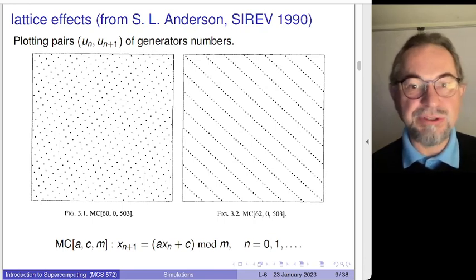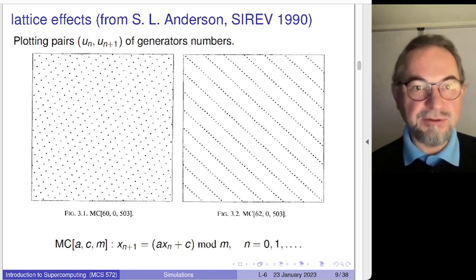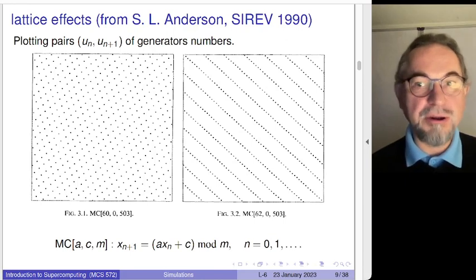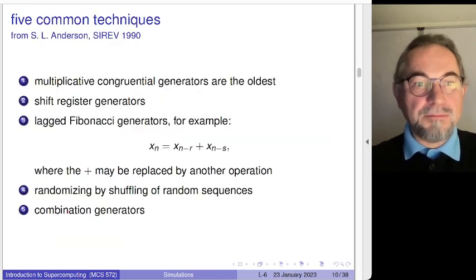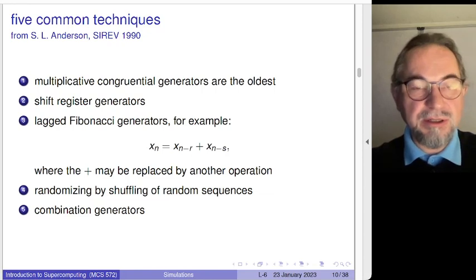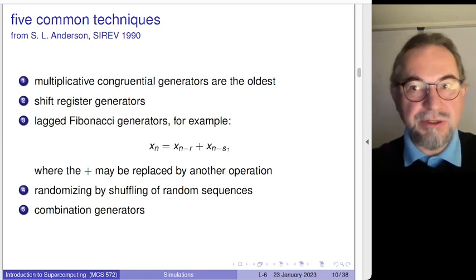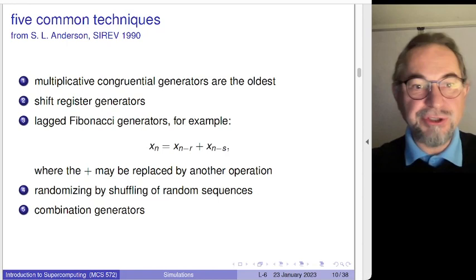So typically one uses prime numbers. So these first random number generators were constructed by number theorists. So that's also the oldest technique. So the paper lists 5 common techniques. So there are 4 other techniques. So one can shift registers left and to the right to make random numbers.